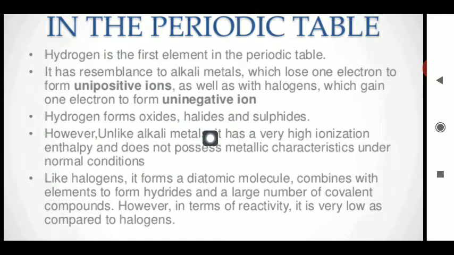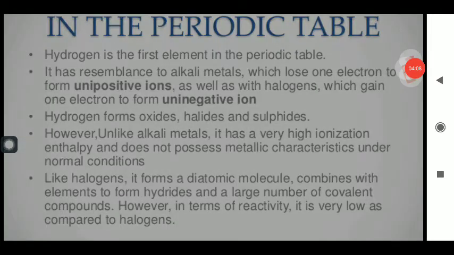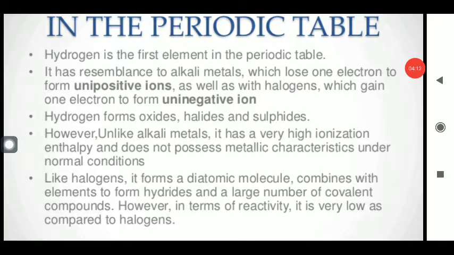However, unlike the alkali metals, it has a very high ionization enthalpy. What do you mean by ionization enthalpy? If you want to lose one electron from hydrogen, this phenomenon is quite difficult because it has only one electron. If you want to remove it, you will have to put in a lot of effort, so the ionization enthalpy of hydrogen is very high, and by the loss of one electron it can form the H positive ion.